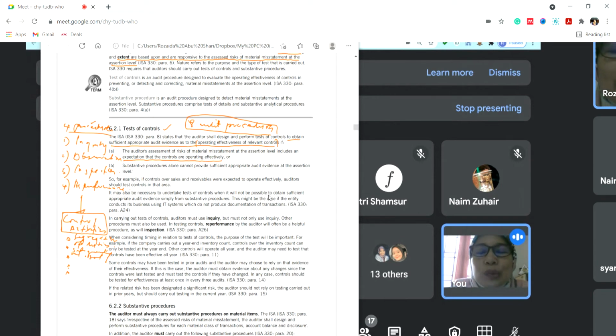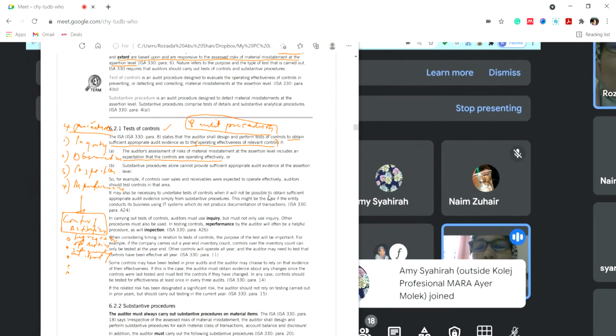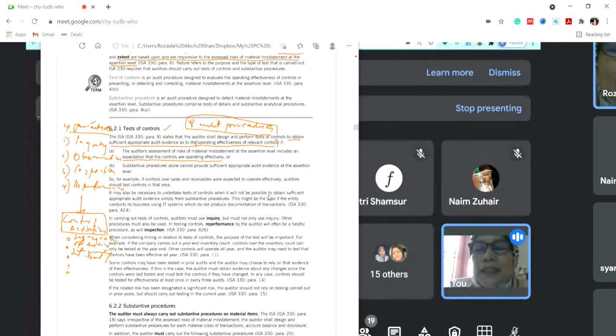A control activity means the control must exist. So now you are going to test the control. If it is segregation of duties, you said observe. Observe whether segregation of duties exists or not. If the answer is yes, it means the control exists and is effective. That's why I ask you, what are the 5 control activities?